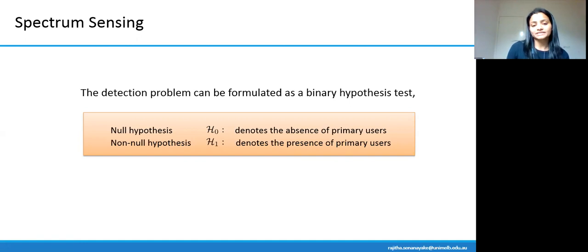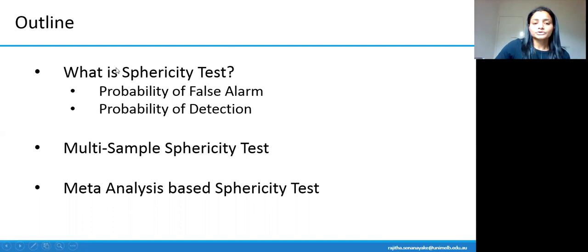In the past, researchers have done quite a lot of work in spectrum sensing, using different techniques. In this work today, I'm going to talk about the Sphericity test, which is a really nice spectrum sensing technique that also performs quite well. We did quite a lot of analysis based on this technique.